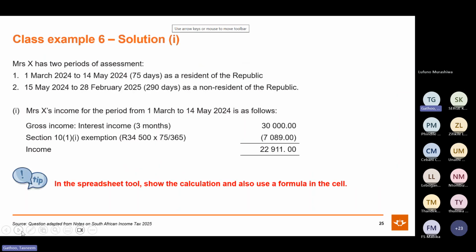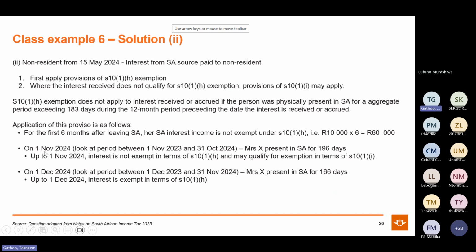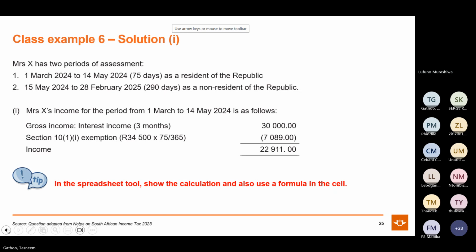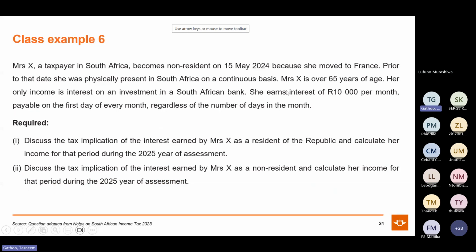To answer the first question on why we start with the 1st of November: here it says she earns interest of 10,000 payable on the first day of every month. In terms of the gross income definition, an amount is included in gross income at the earlier of receipt or accrual. What's the day of receipt for interest? It's the first day of every month, right?